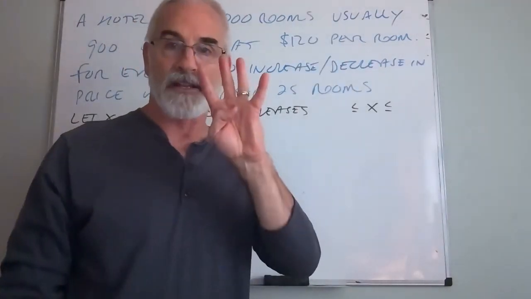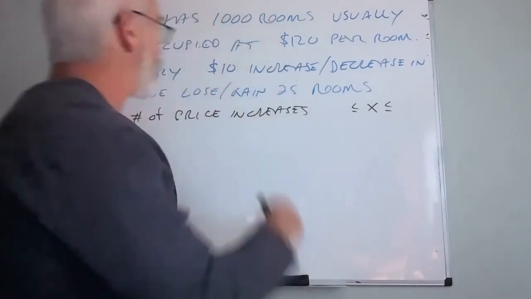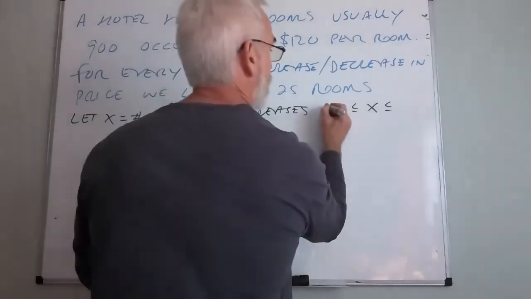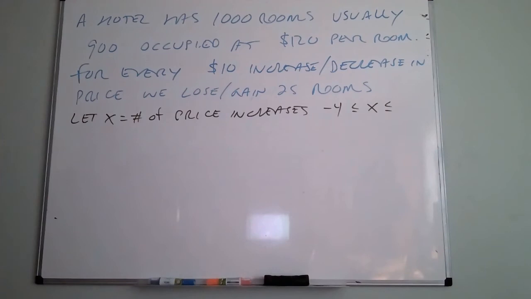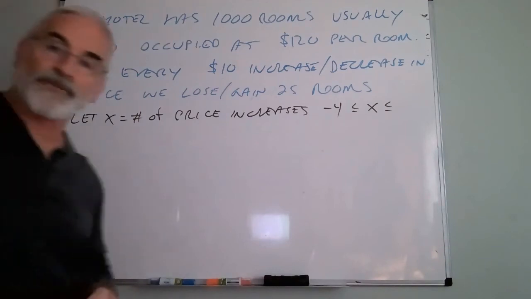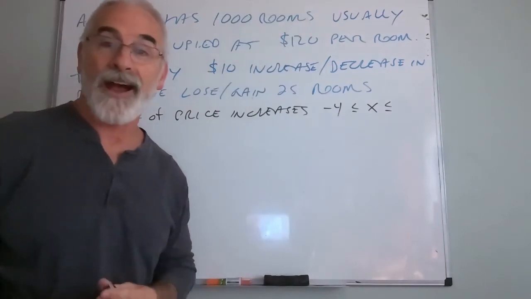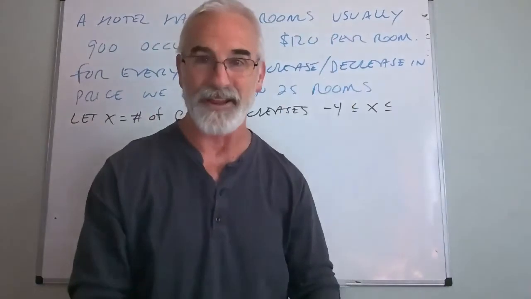So if I did exactly 4 price lowerings, I would gain 4 times 25 or 100 people. So I cannot drop the price more than 4 times, okay? Because if I drop the price more than 4 times, I would be exceeding capacity. Now, I can raise the price all day, but at some point I'm going to scare away all my patrons.